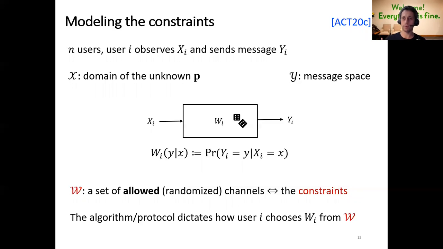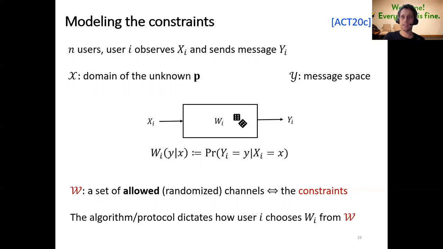The first step will be how do we model those constraints and come up with the relevant set calligraphic W for that. Now, given that calligraphic W, the algorithm will dictate how the i-th user will choose their channel from that set. So that's just the protocol that says, okay, user i will pick that channel and run your observation through that to get this message.